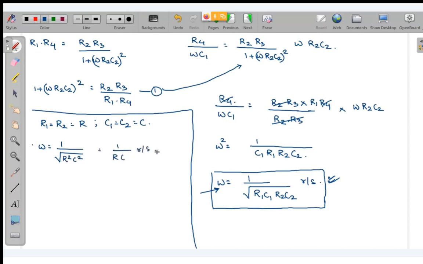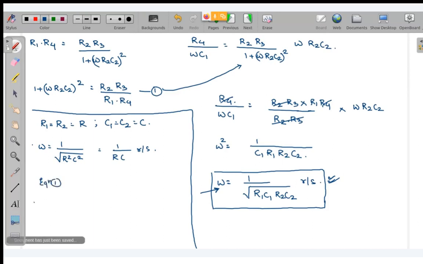If this is the case, that omega is equal to this, then plug it in, put this condition in equation 1.